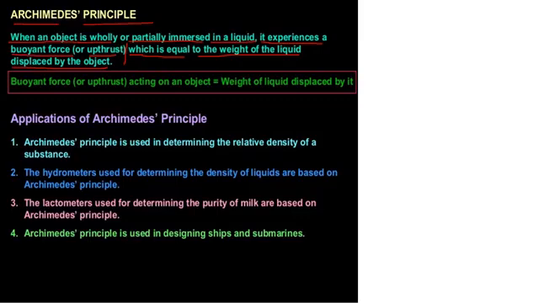The weight of the liquid displaced by an object is equal to the magnitude of the upthrust force. So the buoyant force or upthrust force acting on an object is equal to the weight of the liquid displaced by it. This I have already explained in my last slide.